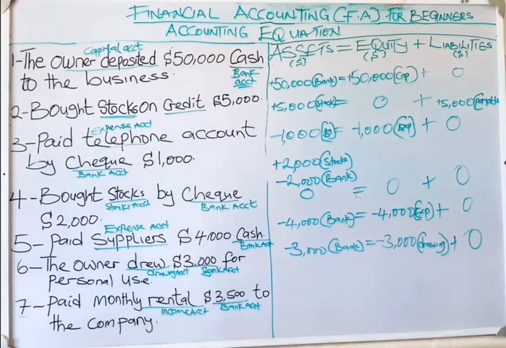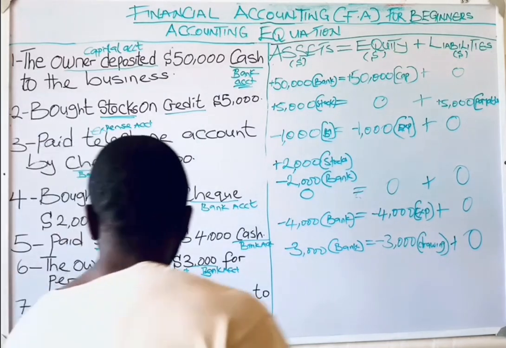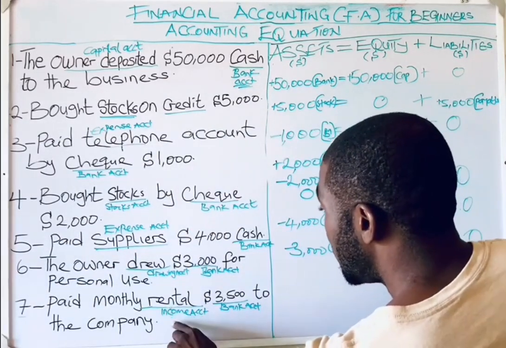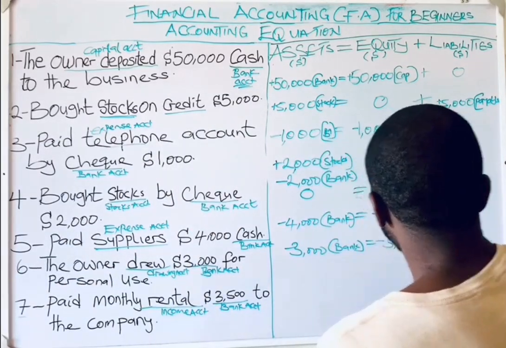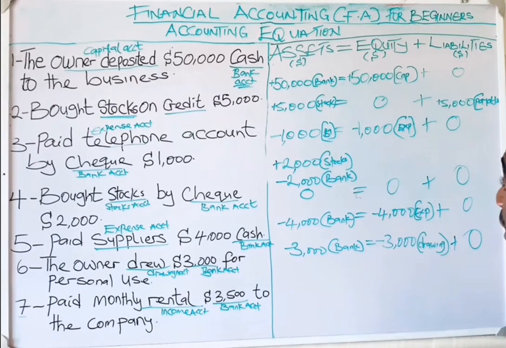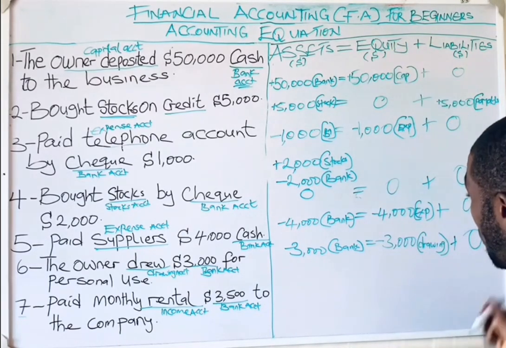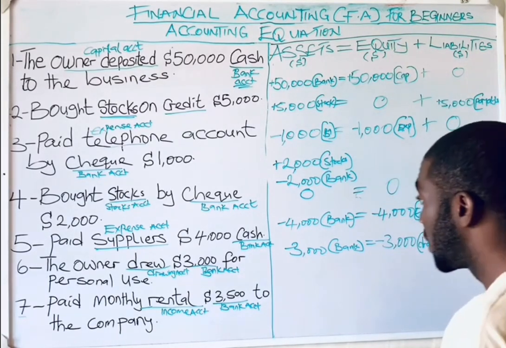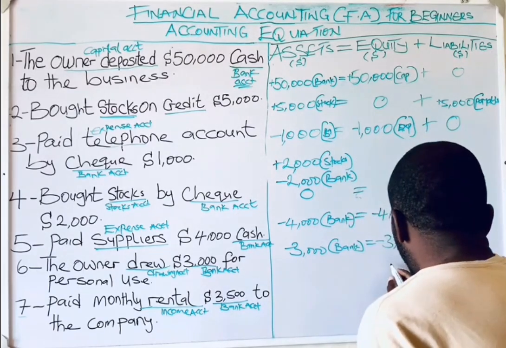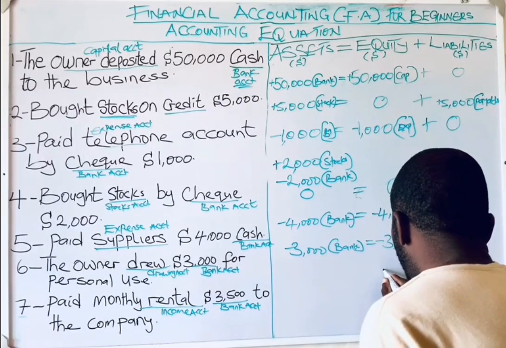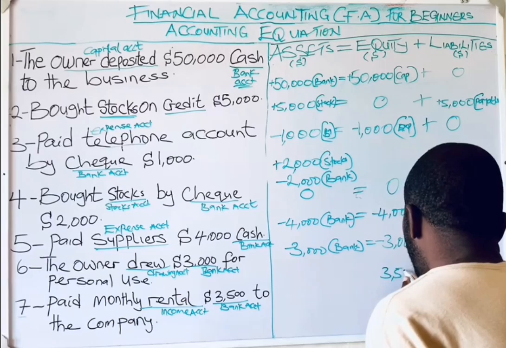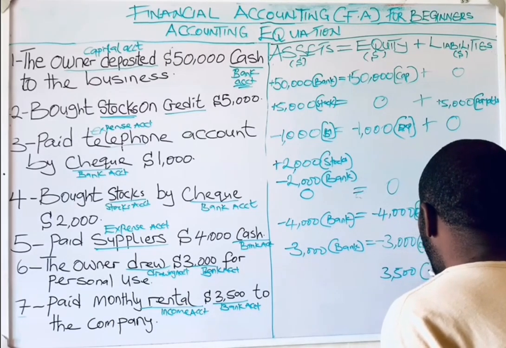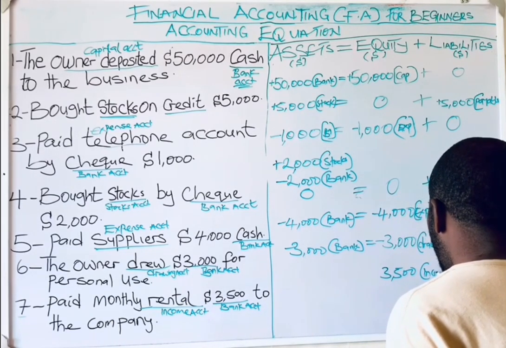Now let's put it as rental income account, and we say our income, the item falls under the equity column, which is $3,500 as our income, rental income.